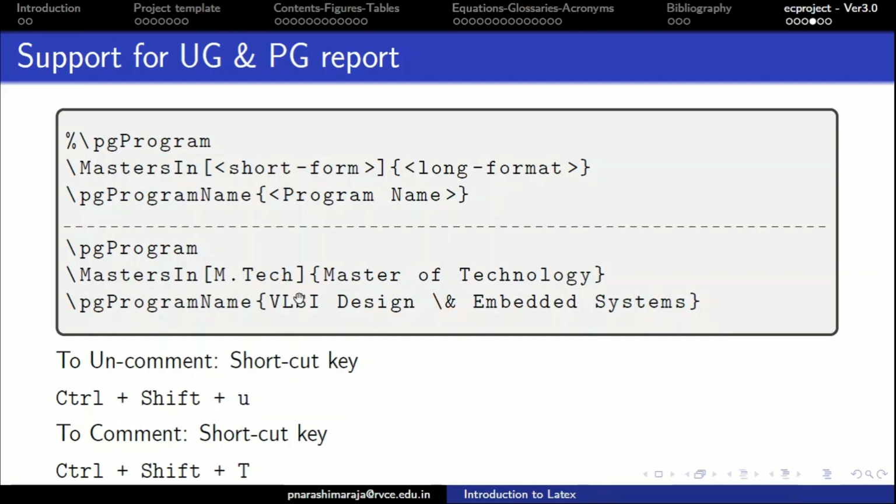In case the PG program is Master of Engineering, then one could enter Master of Engineering in place of Master of Technology, and for the short form one can use M.E in caps.